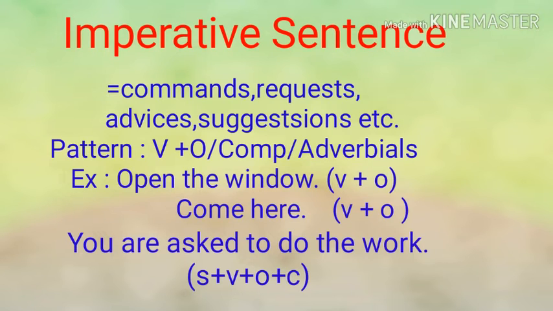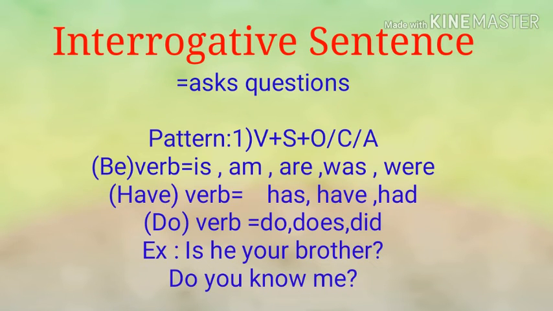Please remember that an imperative sentence doesn't start with a subject but it starts with a verb, then object, then complement or adverbial. In some sentences you may find, for example, you are asked to do this. So here you will get a subject. Okay. So there are conditions. Conditions apply.